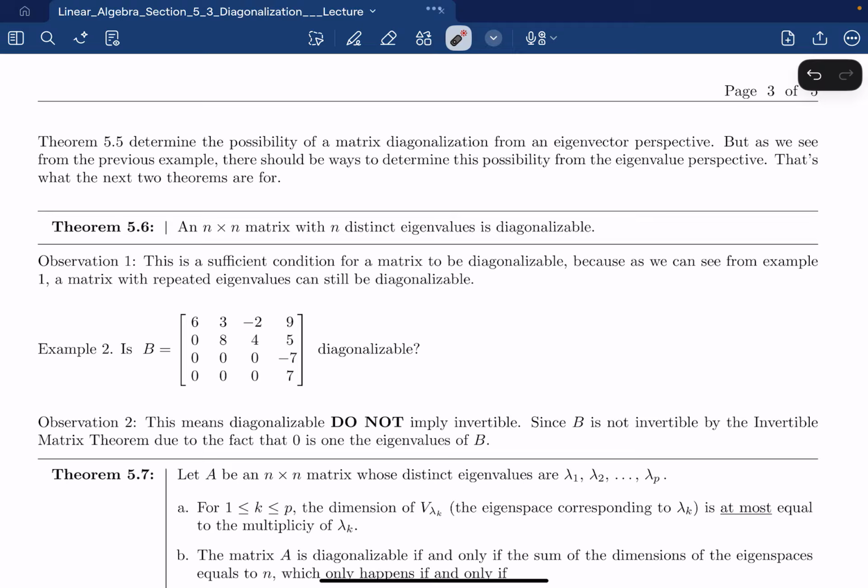So here's a question. Is this matrix B diagonalizable?